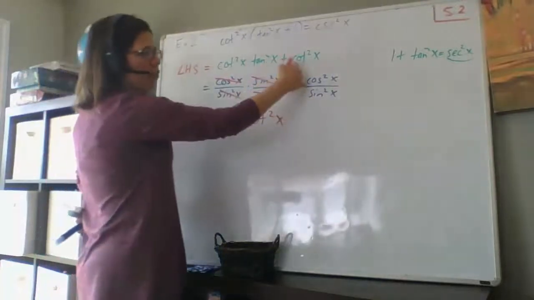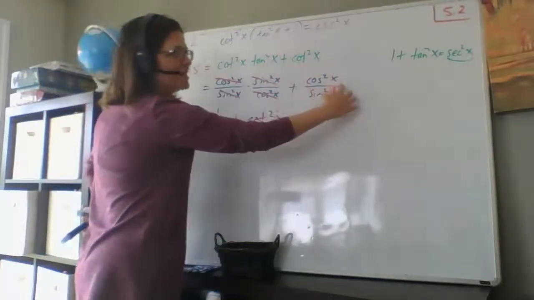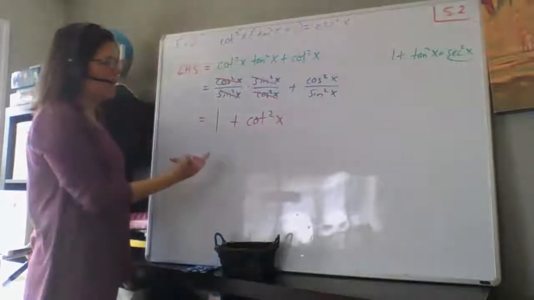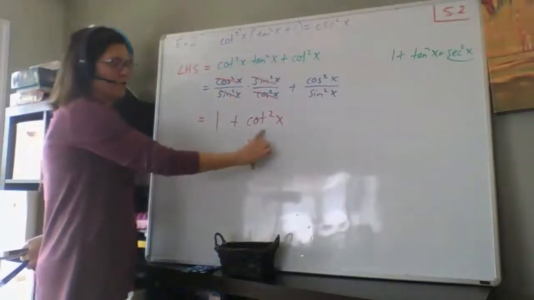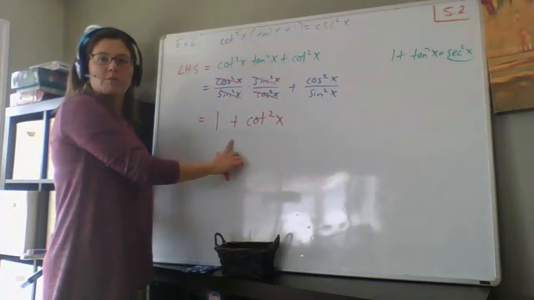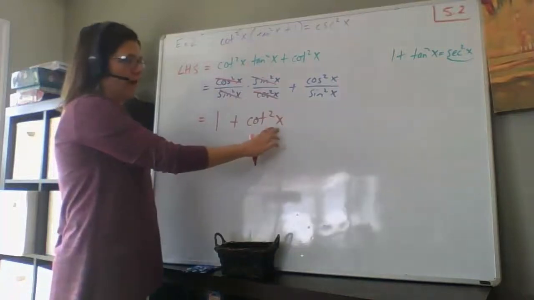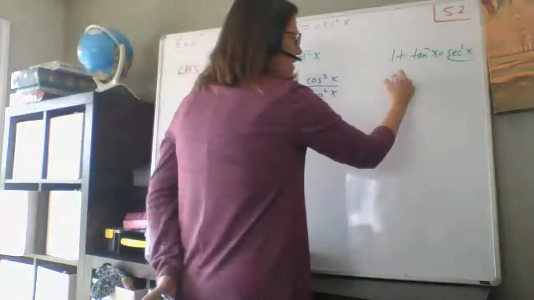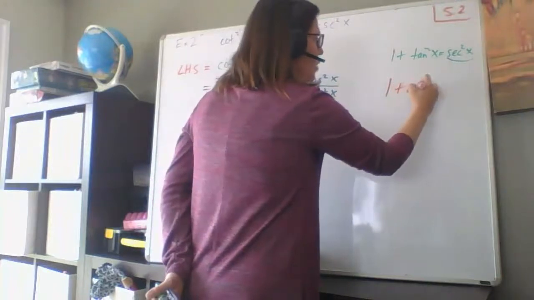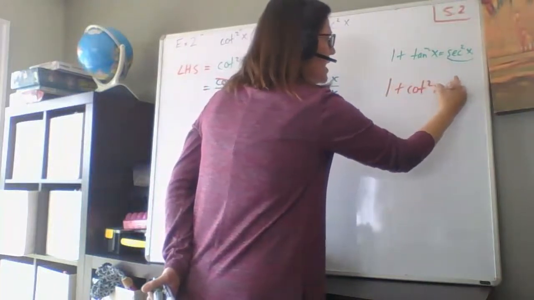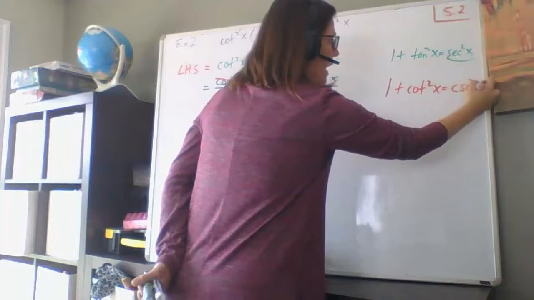Rewriting cotangent in this case didn't end up being very helpful. But now we might observe something here. We have 1 plus cotangent squared x, and there is another Pythagorean identity that says 1 plus cotangent squared x is cosecant squared x.